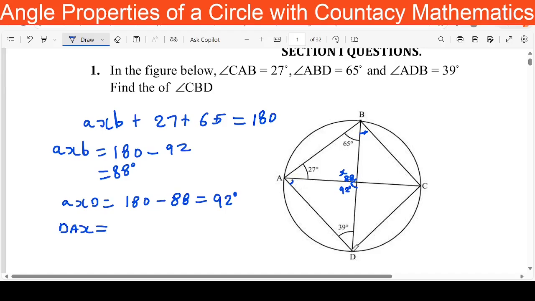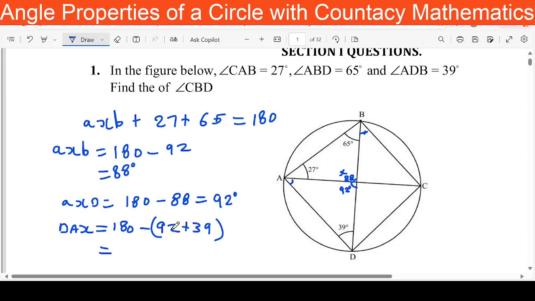The way that we calculate that is by doing 180, which is the total degrees in a triangle, and then we minus the sum of the other angles, which is 92 plus 39. We can actually do it directly without first finding the sum, but the sum is supposed to give you 131.